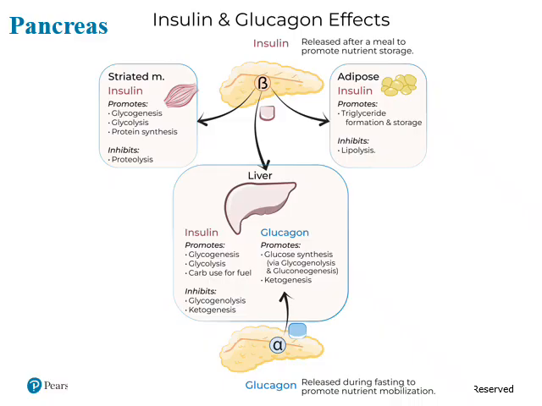Glucagon elevates the blood glucose level in times when we are very hungry and starving and our blood glucose is very low. Glucagon stimulates the breakdown of glycogen in the liver so that we are going to have enough glucose in the blood.